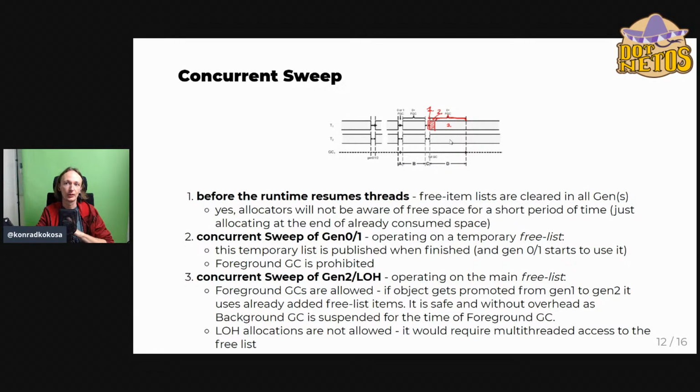And these allocations are not so frequent. In general, the large object heap should be treated as a place for not so heavily allocated objects. So the final decision was to go in that direction, to not allow large object heap allocations during this stage.